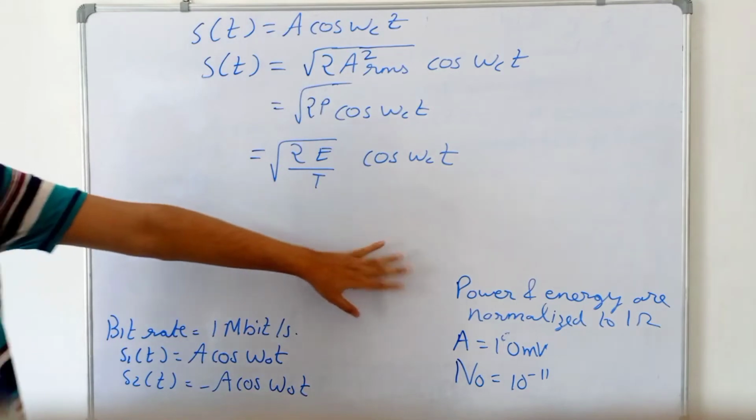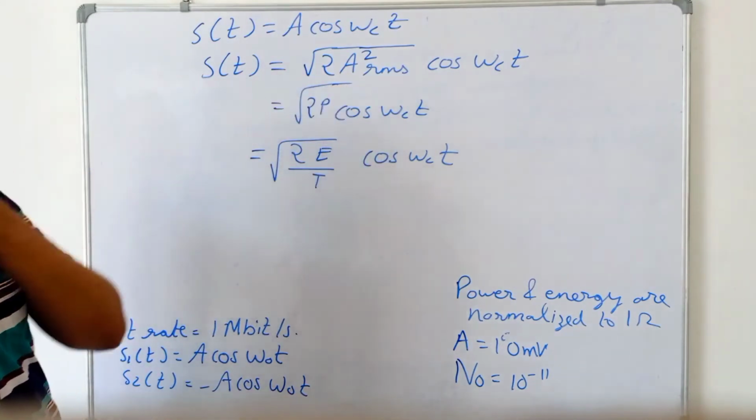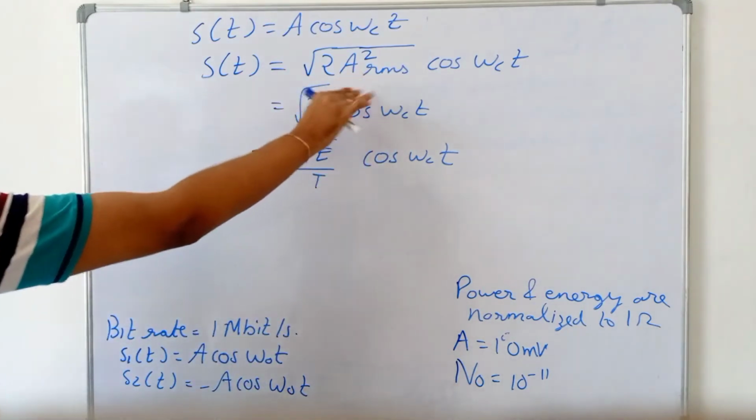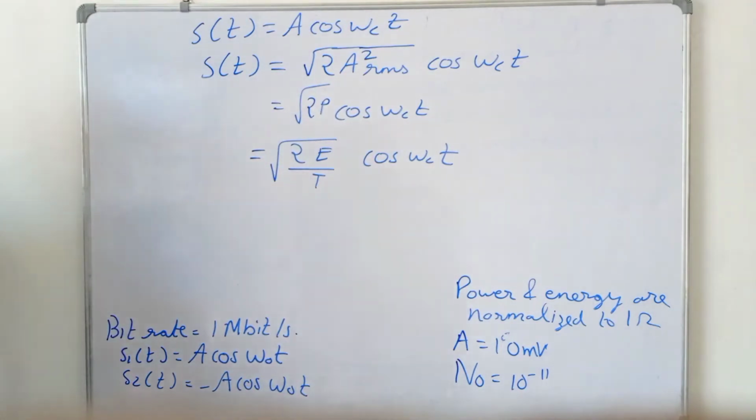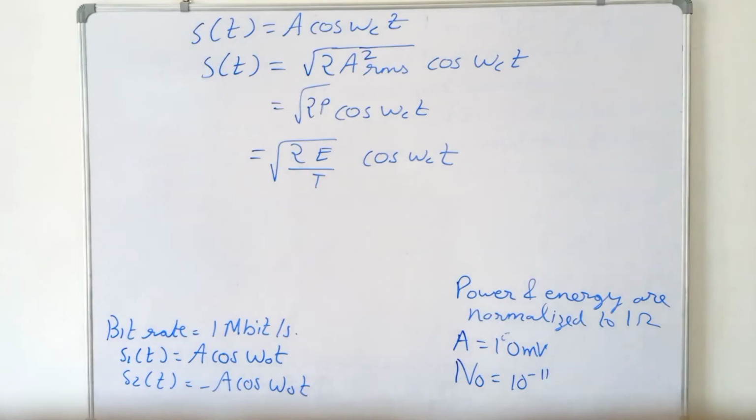If there was, suppose, a 2 ohm load, then 2 would also come here, but this is for a 1 ohm load. So this is the general expression for your digital communication signal.